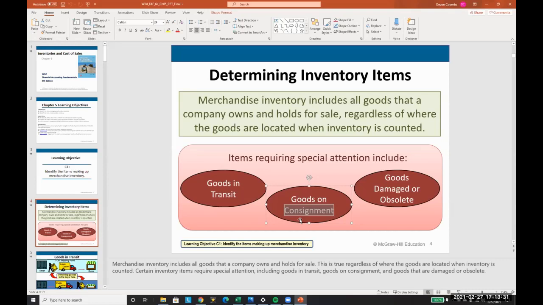The original owner still holds the legal title, and the shopkeeper doesn't have the legal title. They're just holding the inventory for sale. So if I'm holding a consignment good, it's not actually my inventory because someone else still owns the legal title. Or if a good is damaged or obsolete, we can't recognize it as inventory anymore. So we have to do assessments for it.